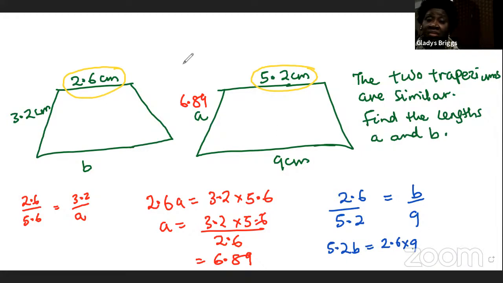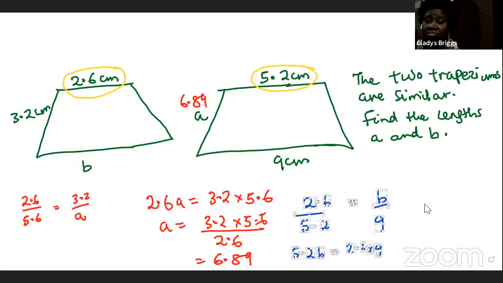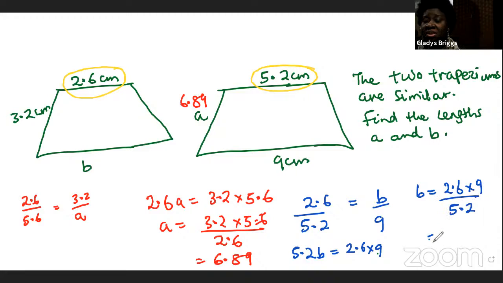And then B would be equal to 2.6 times 9 over 5.2, which is equal to what? Let's put that into the calculator and confirm your answers for you boys. 2.6 times 9 divided by 5.2.